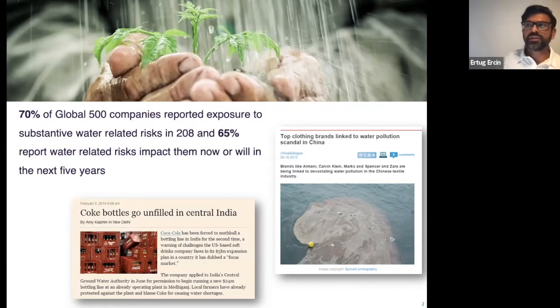Or, for example, the big textile companies, European companies in Bangladesh, India and China, were faced with lots of problems. The NGOs and environmentalist activists blamed them for pollution and scarcity.